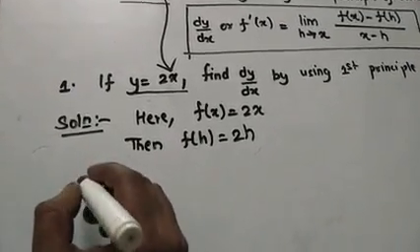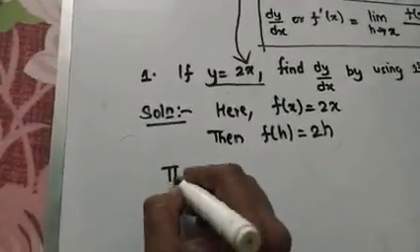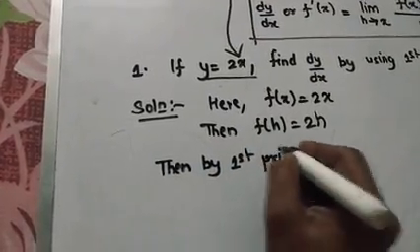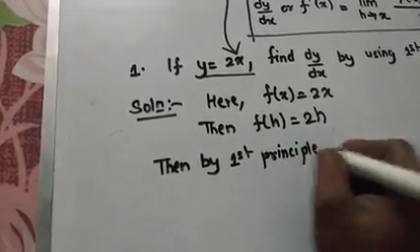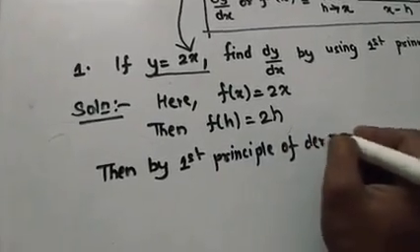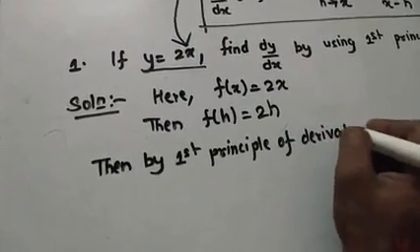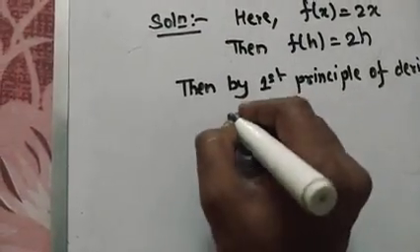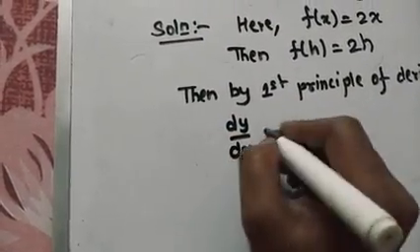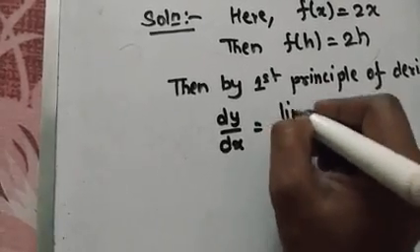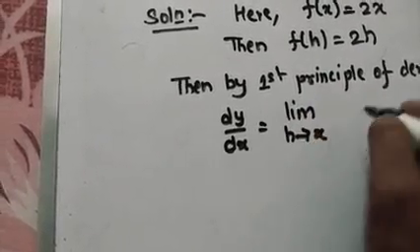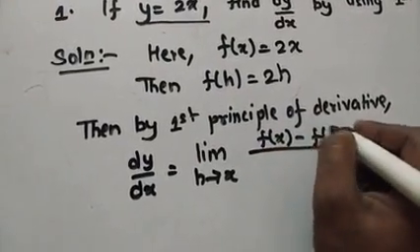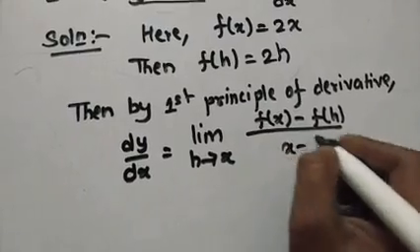So then by first principle of derivative, we can write dy by dx equals limit h tends to x, f of x minus f of h by x minus h.